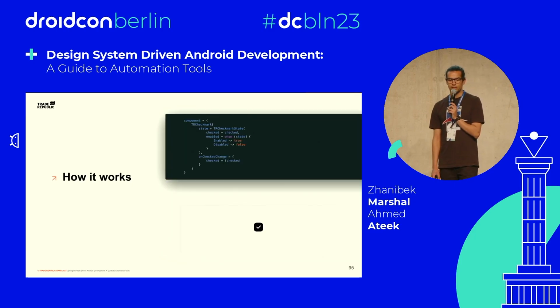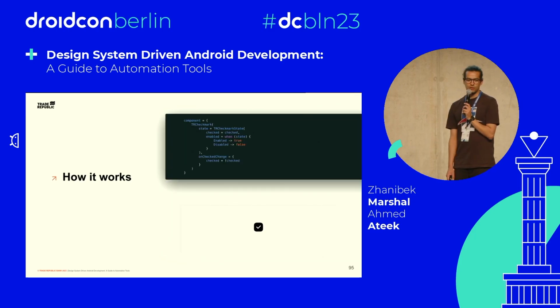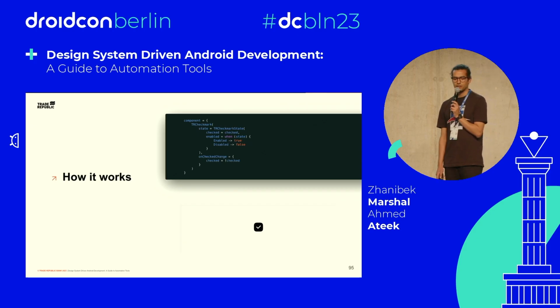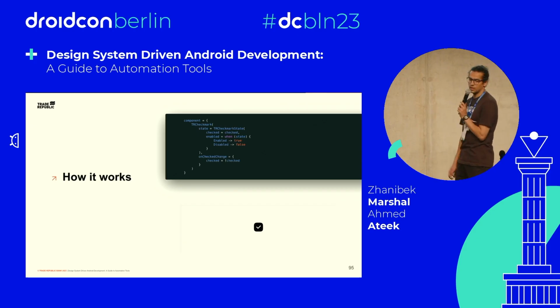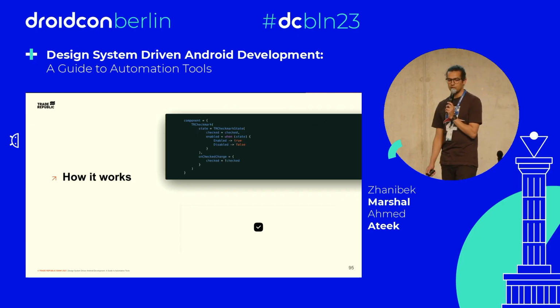We created our own helper method to have the component as a lambda, and we added the check mark here as we saw before. And yeah, it's as easy as that, and this is how we use it inside the app. So it fulfills the two things that we need: designers are going to see it in the gallery app, and we as engineers know how to use this component. It's just a sample app.